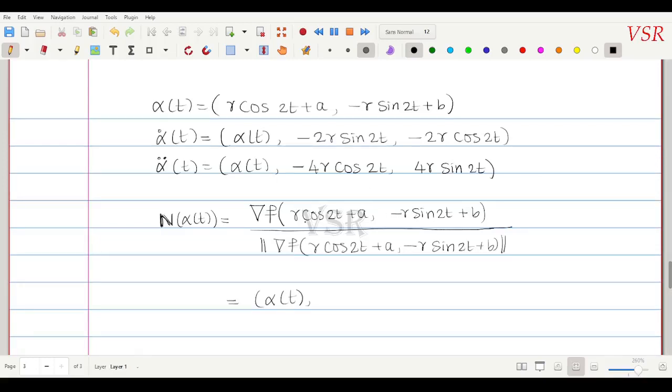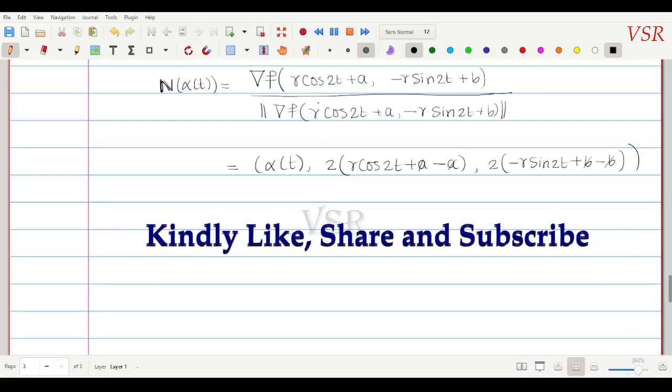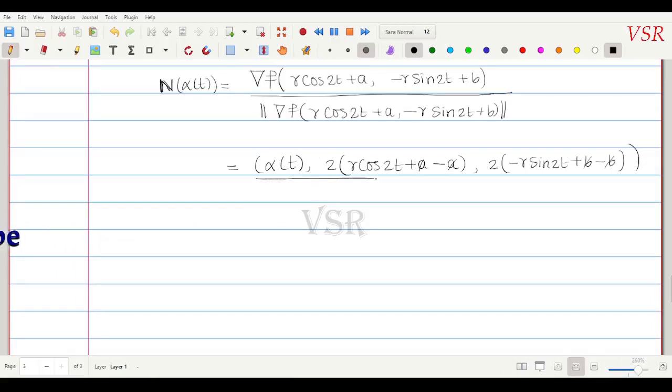So here 2 times x1 is this one, r cos 2t plus a minus a. Here what comes, 2 times minus r sin 2t plus b minus b. Okay, of course this is del f. Then we can write it inside. Here the a's all cancel out.